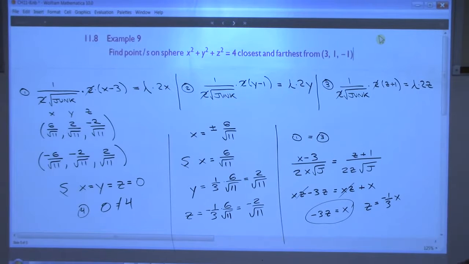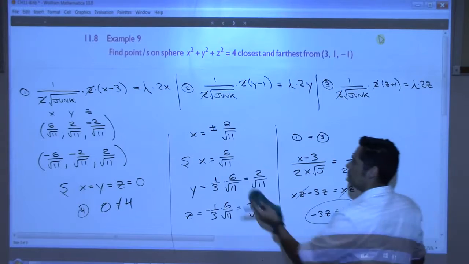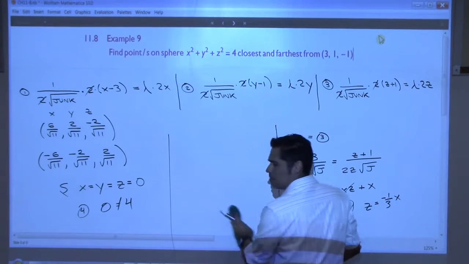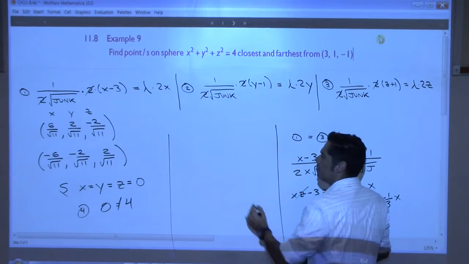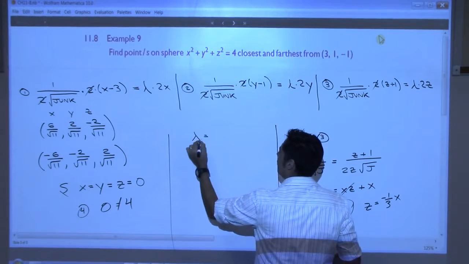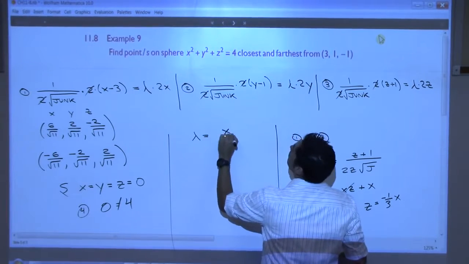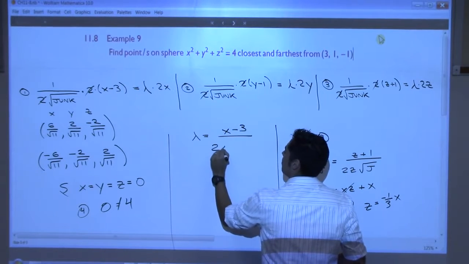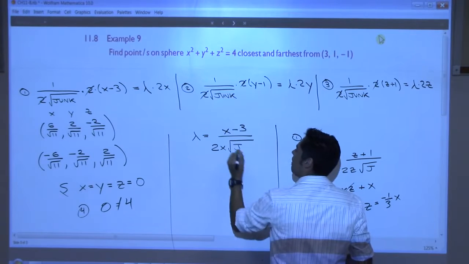I never found lambda, did I? Could you? Didn't we solve for lambda earlier? We solved for it 3 different times. It was x minus 3 over 2x root junk, right?